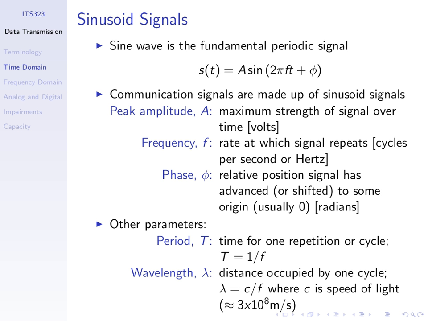If we have the signal strength as a function of time, let's say measured in volts, then at some point in time, t equal 1 second, we can find out the current voltage by plugging in t equal to 1. We need to know the peak amplitude of that signal, which is also measured in volts normally, the frequency of the signal measured in hertz, and the phase of the signal usually measured in radians.